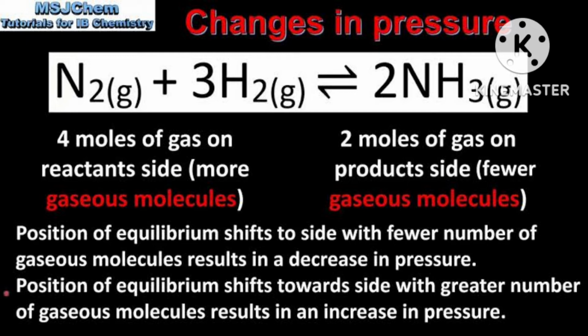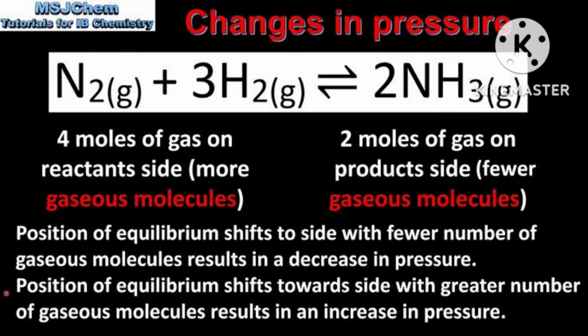Okay. Here you can understand, a pressure change obtained by changing the volume can affect the yield of products in case of a gaseous reaction, where the total number of moles of gaseous reactants and the total number of moles of gaseous products are different.